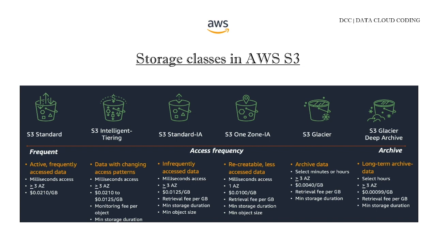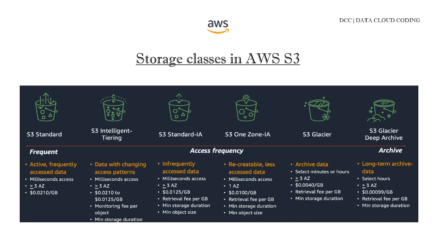This storage class also comes with millisecond-level access for the data and stores data in 3 or more availability zones. The cost of storing data in Intelligent-Tiering comes to $0.02 to $0.01 per gigabyte of data stored. Talking about the Standard Infrequent Access storage class, this is used to store data that has infrequent access. It also provides millisecond access and comes with 3 or more availability zones.